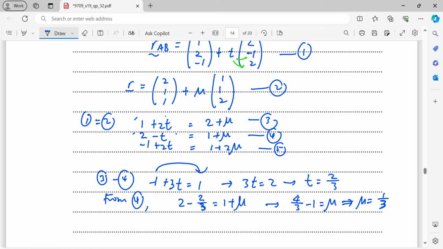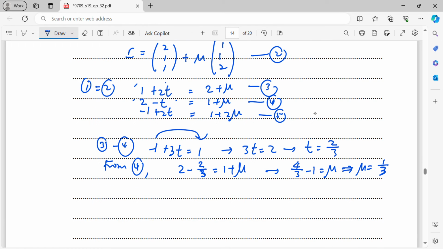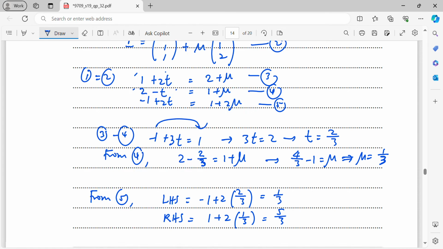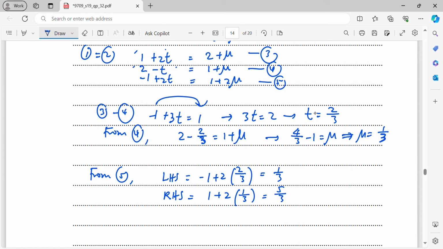So once you have found these two unknowns, remember just now we just used the third and fourth. The fifth is still available. So I will substitute into the fifth to do the checking. So the left hand side, it will be minus 1 plus 2t. T is replaced by 2 over 3. And here I'm getting 1 over 3. Then for the right hand side, that is 1 plus 2 mu. And replace the mu accordingly, then you will be getting 5 over 3. So obviously, the t and mu cannot satisfy the fifth equation because you are not getting the same value.